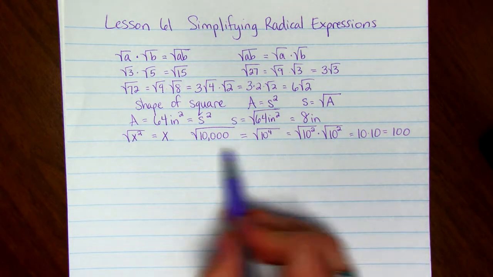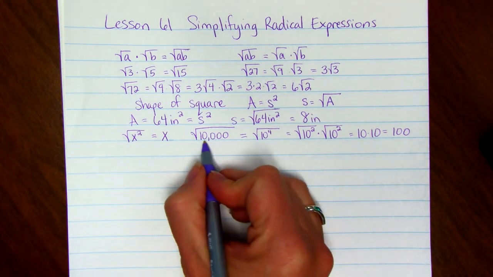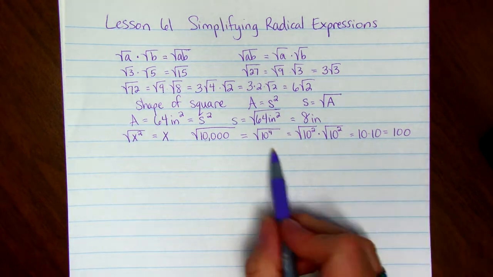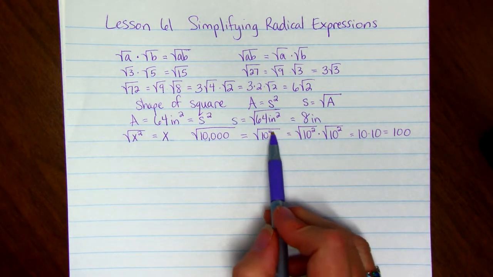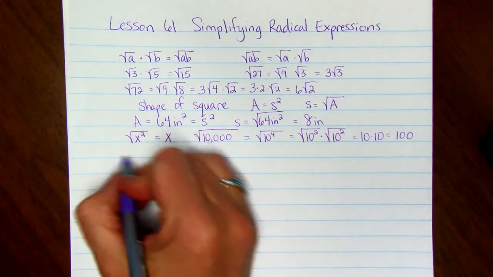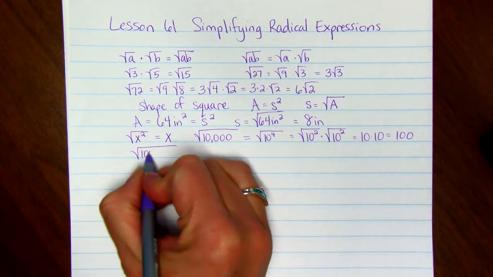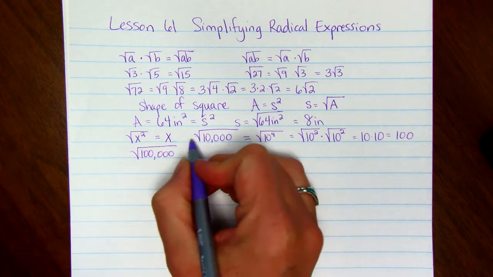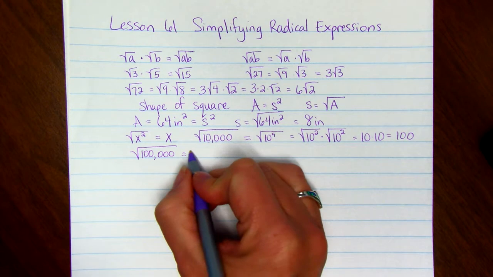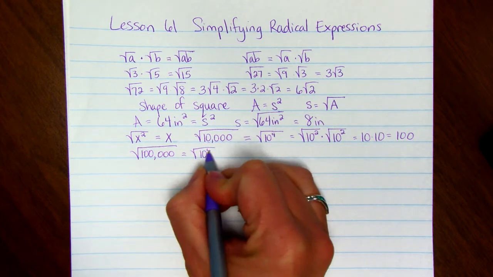And what's really cool about powers of 10, if you have an even exponent, the answer is just 10 raised to half of that exponent. So if we had the square root of 100,000, now this is not an even exponent, this is equal to the square root of 10 to the 5th.